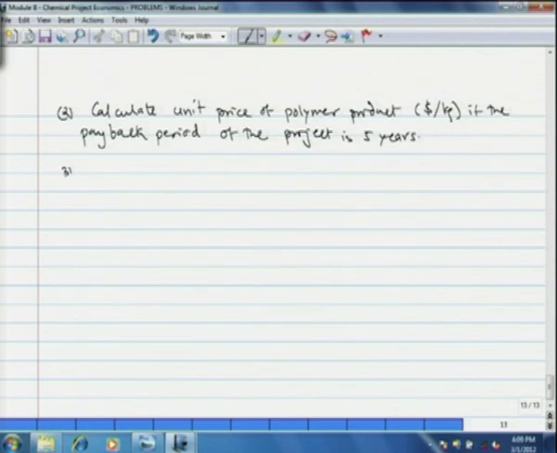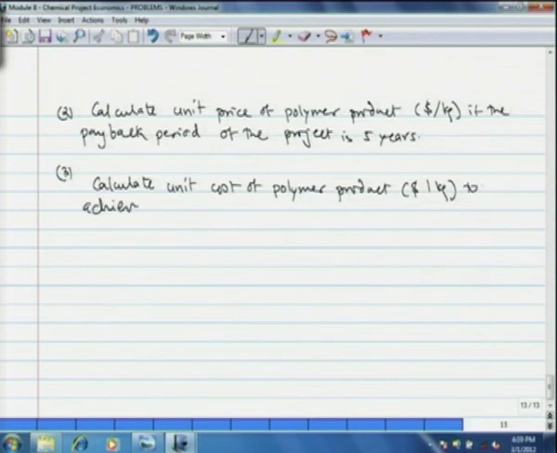And third, calculate the unit cost of polymer product in dollar per kg to achieve the given hurdle rate of return of 30%.